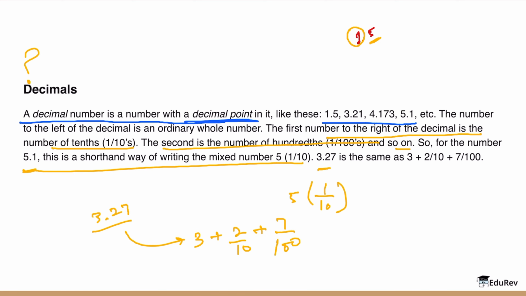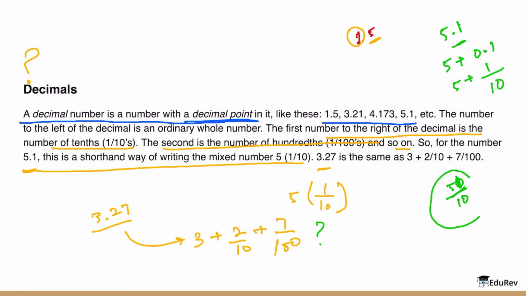Now how is this possible? It's very, very simple. If I take 5.1 as an example, then obviously this is nothing but 5 plus 0.1. Can I write 0.1 as 1 by 10? I can write it as 1 by 10. So if I take it as 50 by 10, 50 plus 1, sorry, 51 by 10.